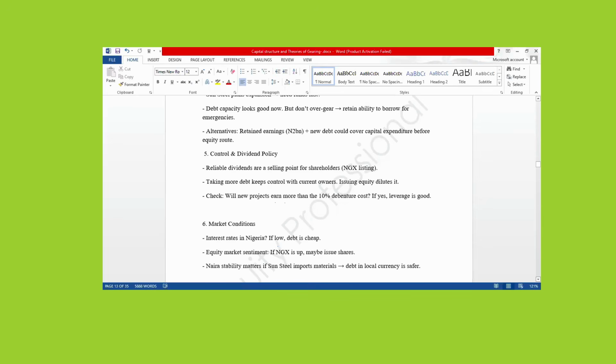However, that can create dilution in ownership and control. Alternatively, the company can take more debt so as to retain control with the current owners.